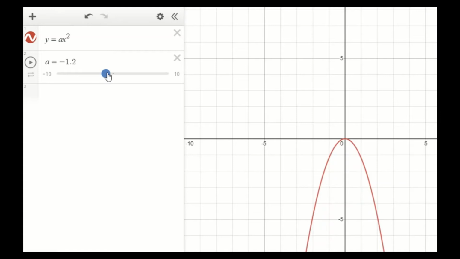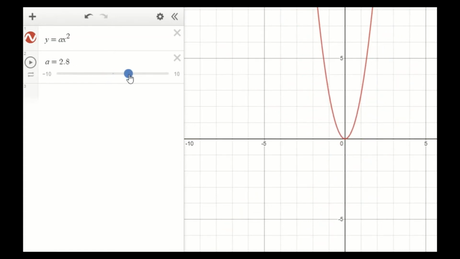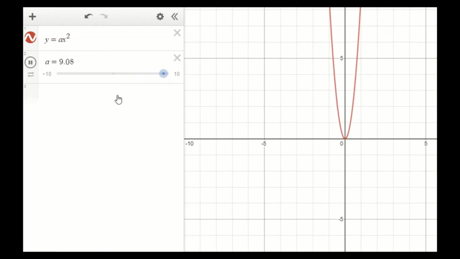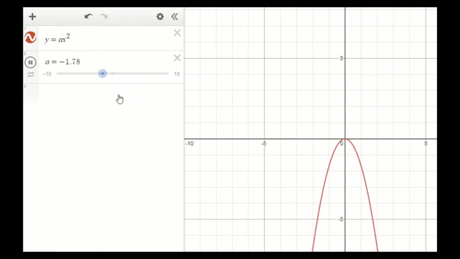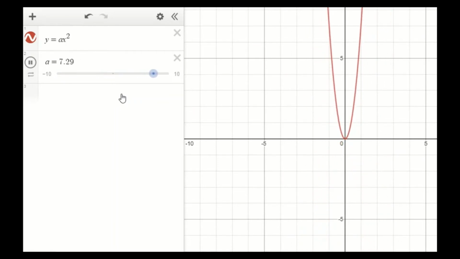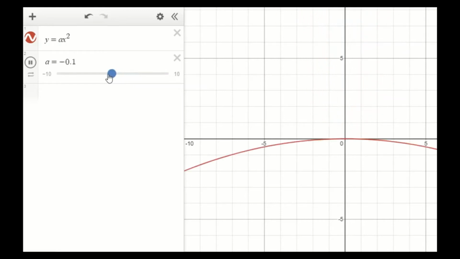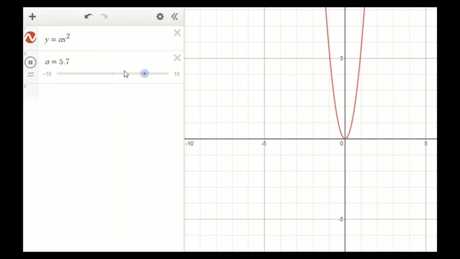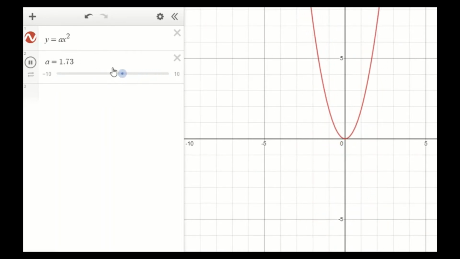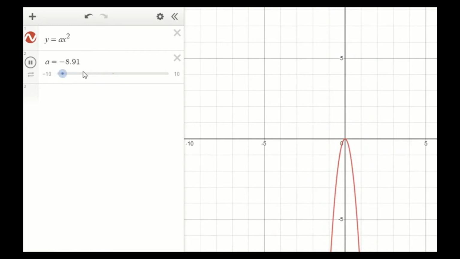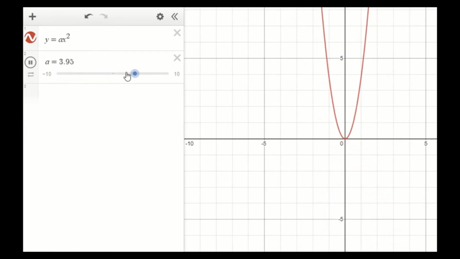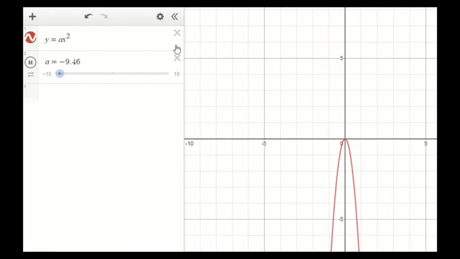So the further away that a is from 0, the narrower the parabola is going to be. The closer the value is to 0, the wider the parabola is going to be. If a is negative, it's flipped over the x-axis. If it's positive, there'll be no flip; it'll just stay above the x-axis.